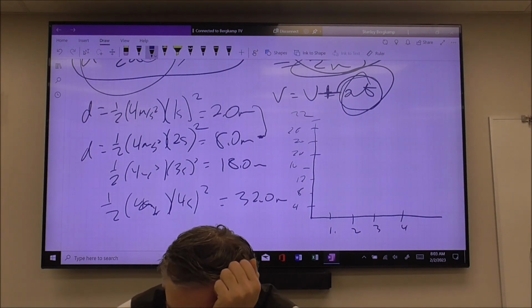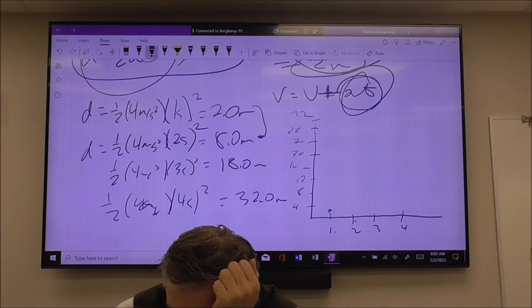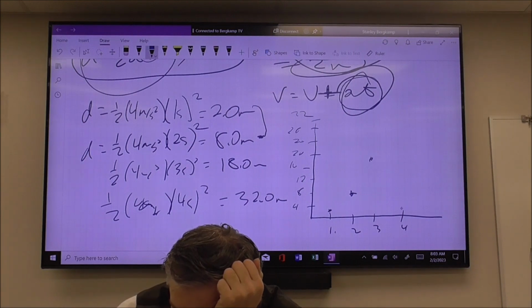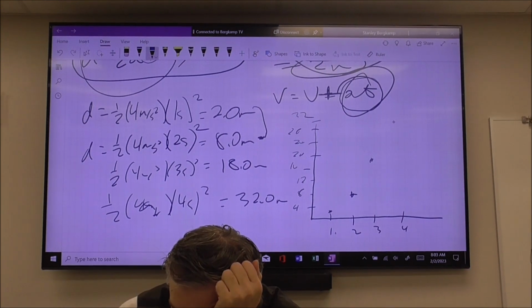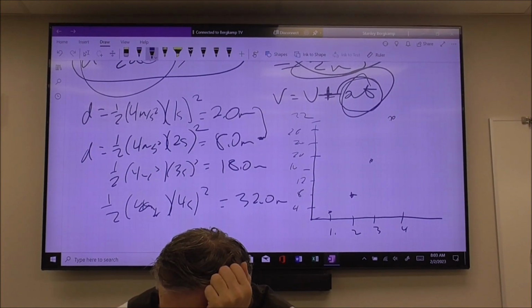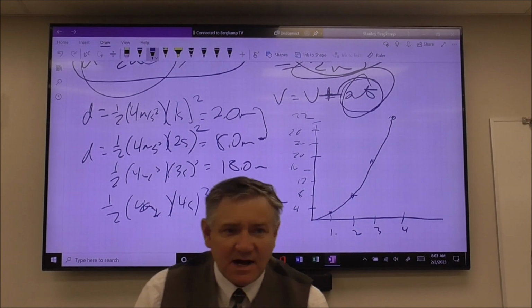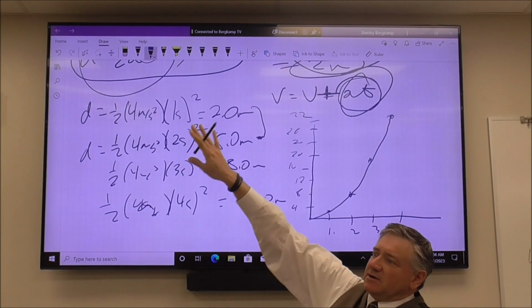So at 1 second we were at 2 meters. At 2 seconds we were at 8 meters. At 3 seconds we were at 18. At 4 seconds we were way up here at 32. Now, look at this. Notice that this graph is this nice parabolic curve.